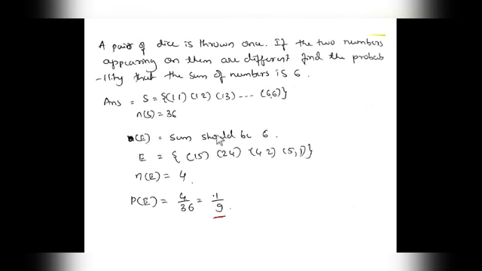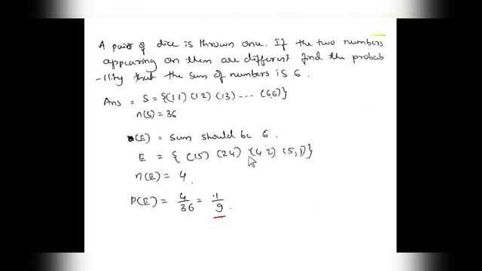Now E is an event, sum should be 6, provided one condition they have given, that they should be different numbers. So I'll have the options: 1 plus 5 is 6, both numbers are different. 2 plus 4 is 6, both numbers are different. 4 plus 2 is 6, 5 plus 1 is 6.